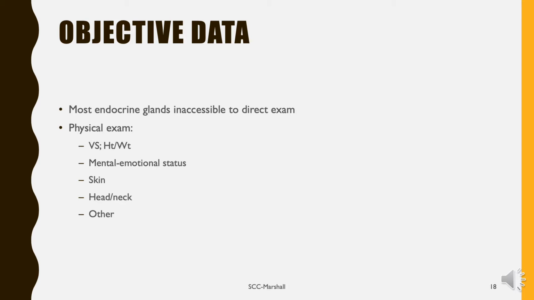Endocrine disorders may also cause changes in mental and emotional status, so we want to assess that. Skin, we need to assess the color and texture of the skin, the hair, and the nails. We also want to assess any wounds and ask how long they've been present, because some endocrine problems will delay wound healing.